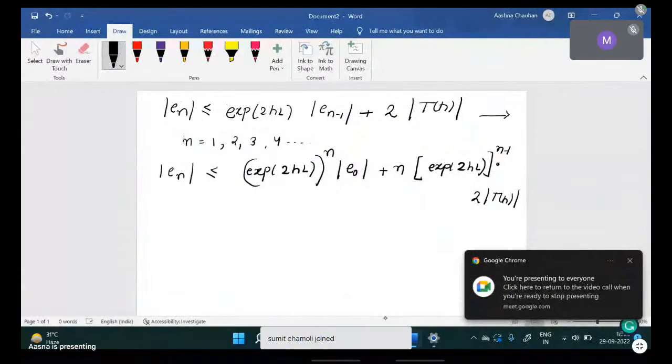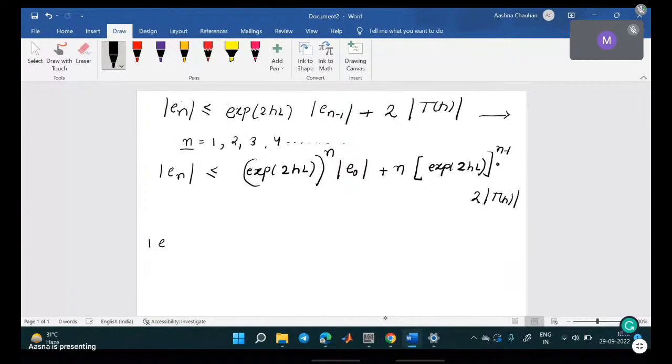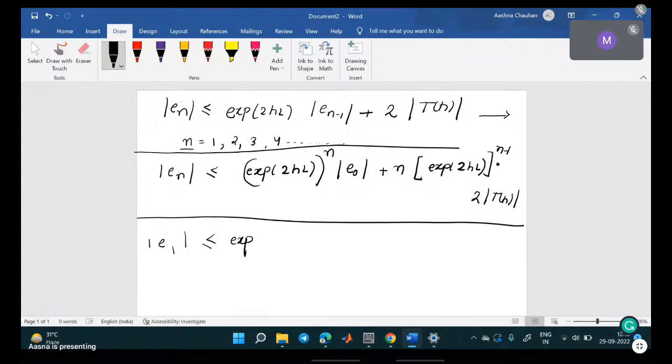Okay. So now I'm substituting n equals to 1, 2, 3 and so on. If I put n equals to 1, then I get E1 is less than or equal to exponential of, this is the thing that I have to prove. Okay?